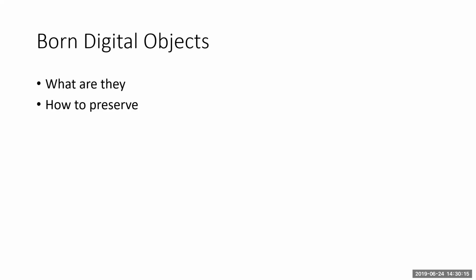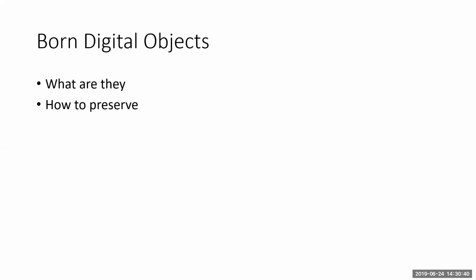So I'm just going to briefly touch on born digital objects. This could be an entire webinar within itself. It can get very, very complicated very easily. Born digital objects can be almost anything that you produce only digitally.